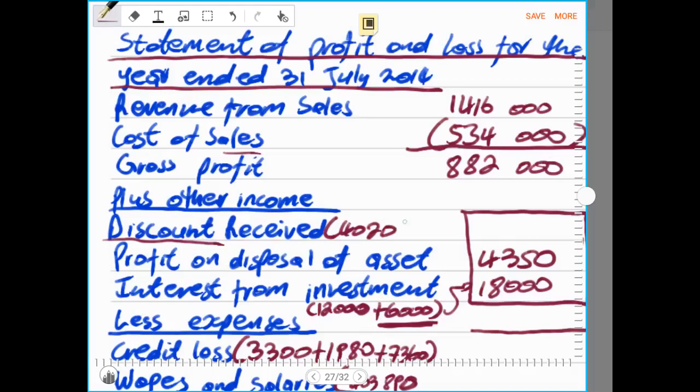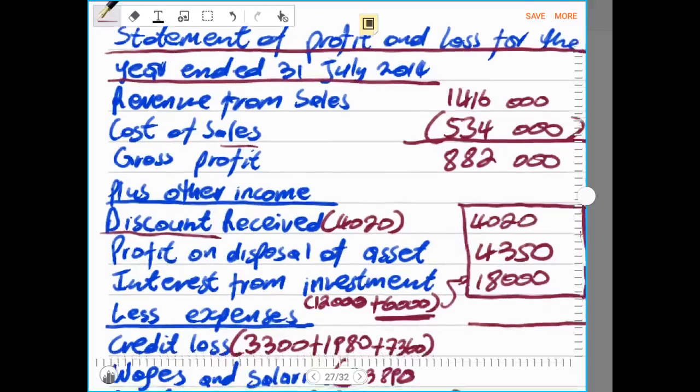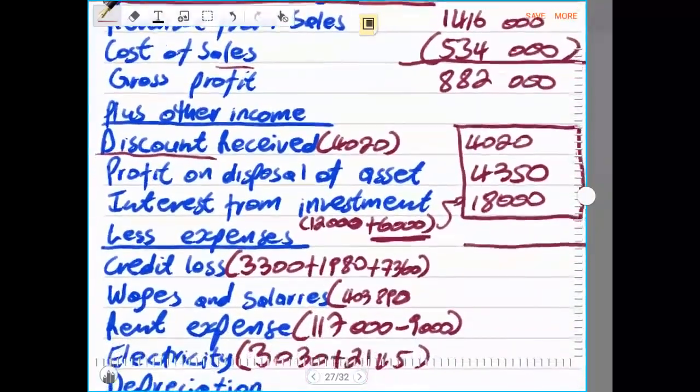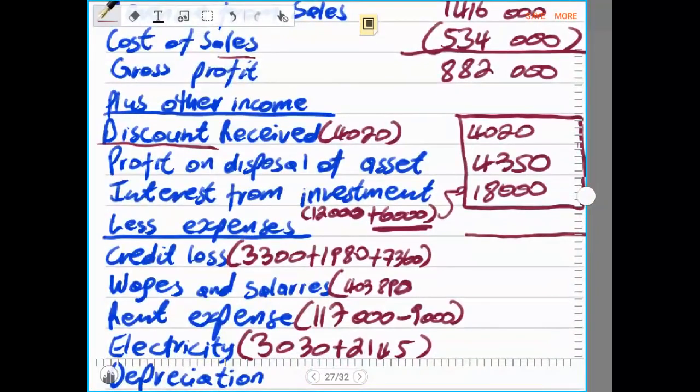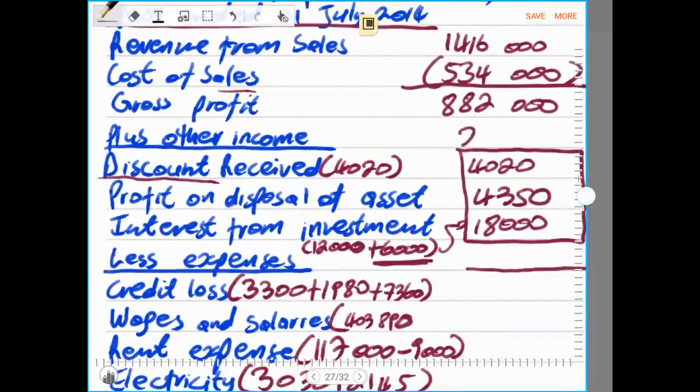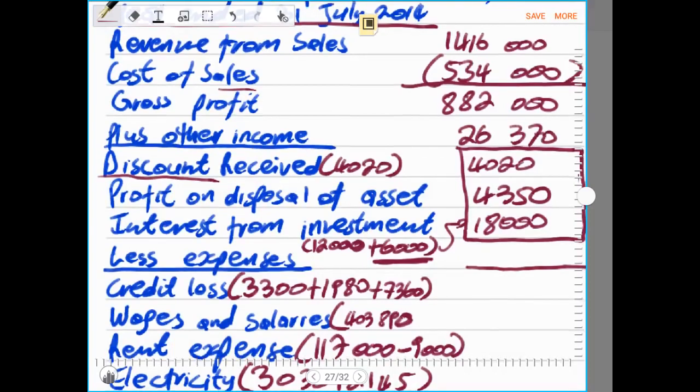Then there was no adjustment regarding a discount, therefore now we can record that 4,020. Then we can calculate the total, and the total is 26,370, which is the total of the other incomes.